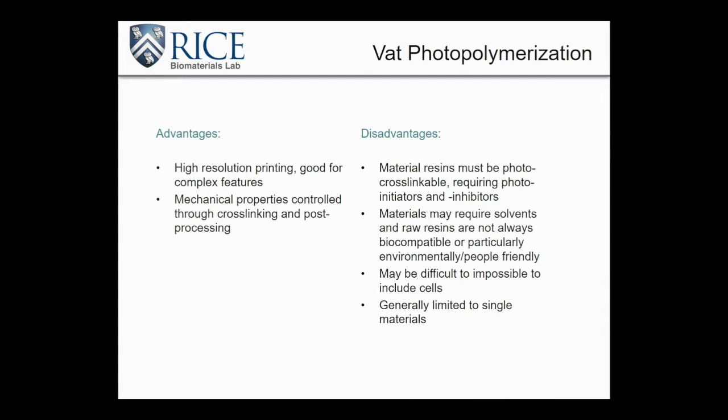Again, despite the limitations of the hardware on resolution, we often end up with the highest resolution print besides laser-induced forward transfer by using Vat Photopolymerization. And so we can get really complex structures, we can produce really nice microarchitecture, and we can drastically affect the mechanical properties of our 3D printed scaffold too by adjusting the exposure and adjusting the amount of cross-linking.